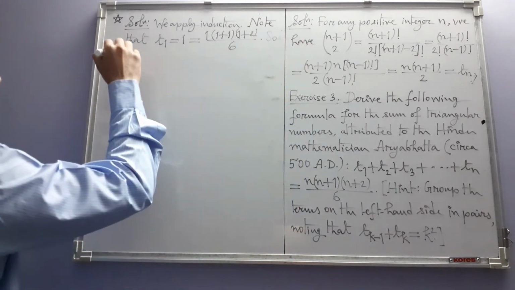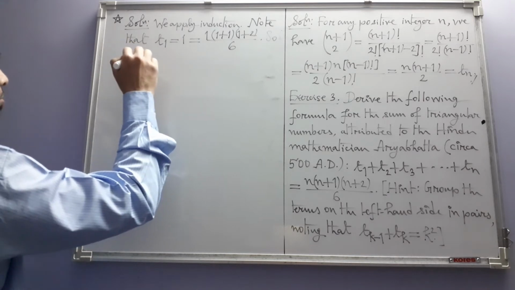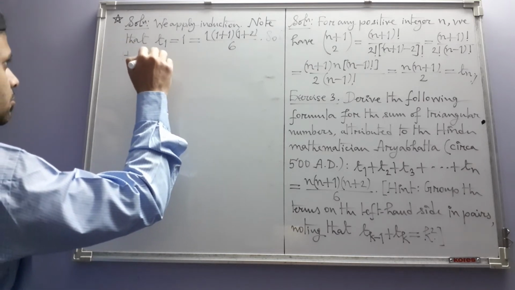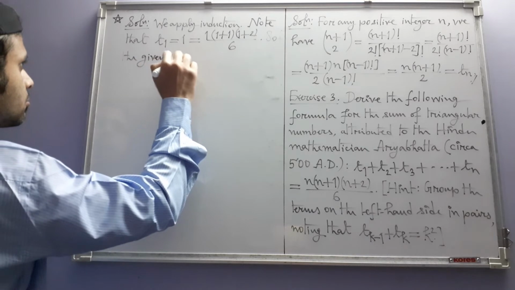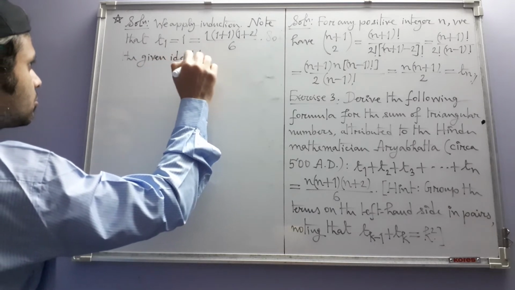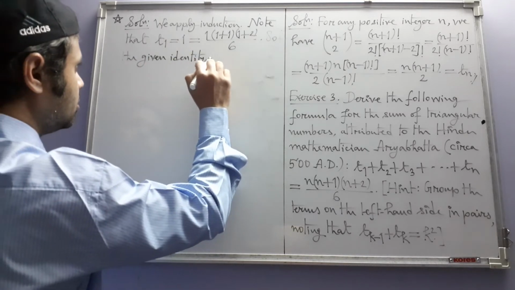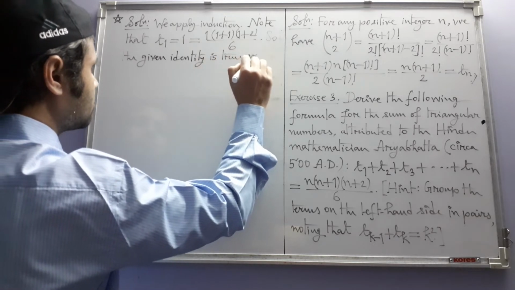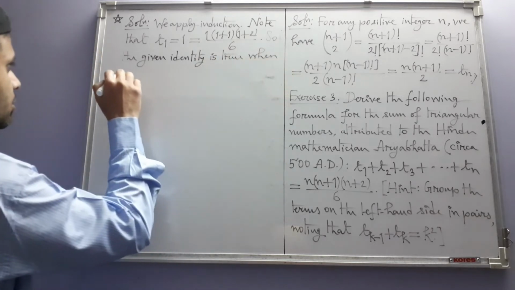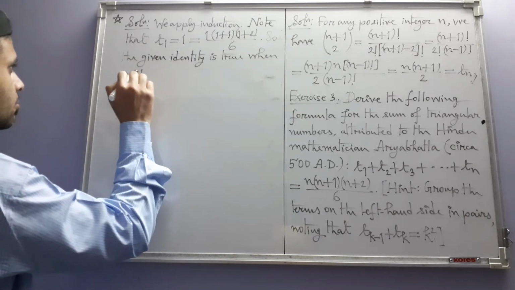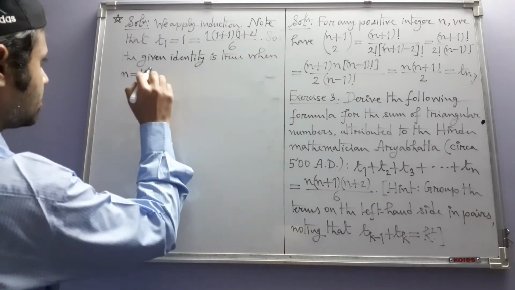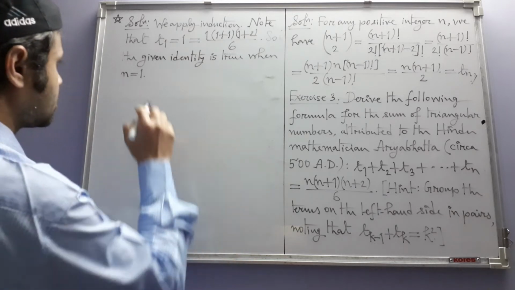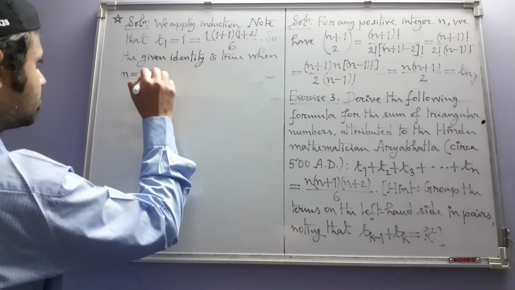So the given identity is true when n is equal to 1. Now we assume that it's true for some positive integer n.